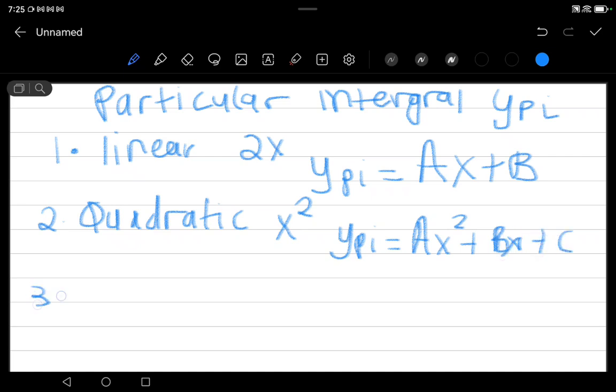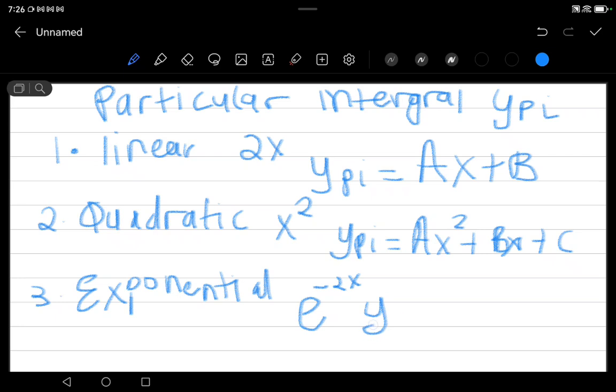And then number 3, we're also going to have exponential, the exponential particular integral. So when we're talking about exponential, let's say e to the power of negative 2x.